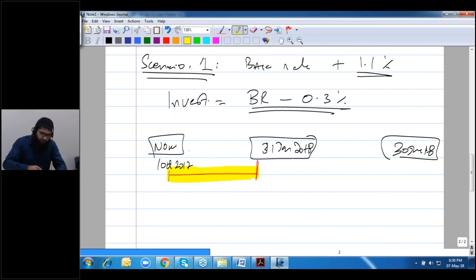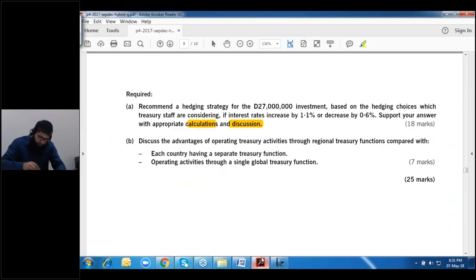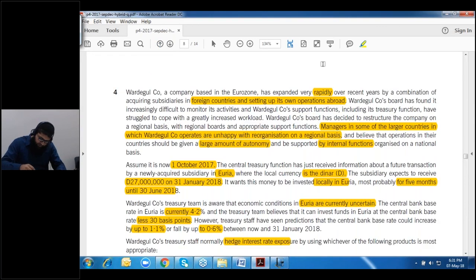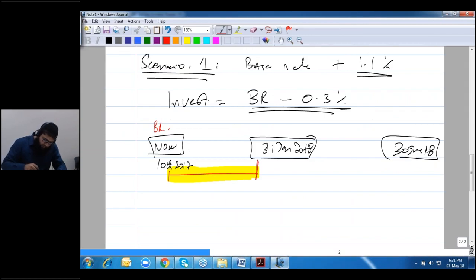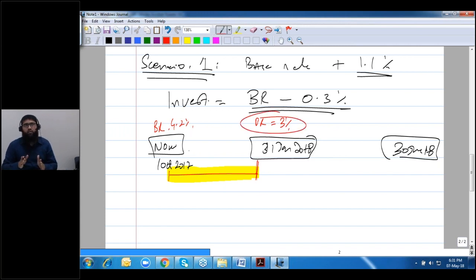Because the base rate right now is 4.2%. So the risk that we are facing is that the base rate may not actually go to 3% or 3.5%.